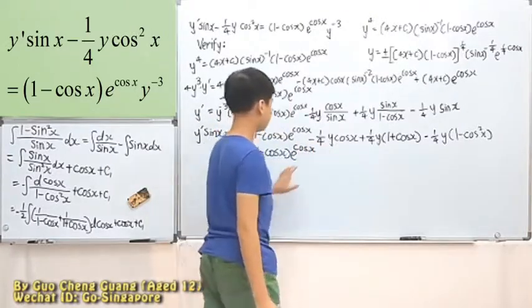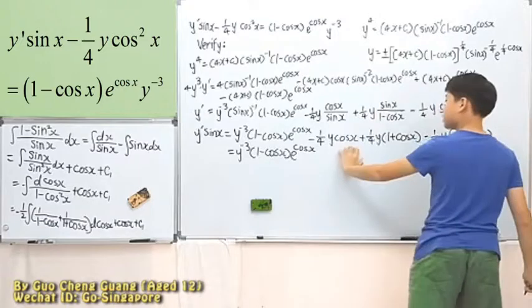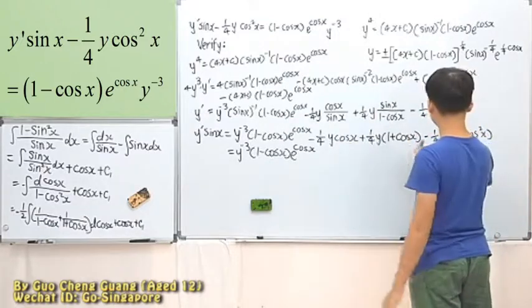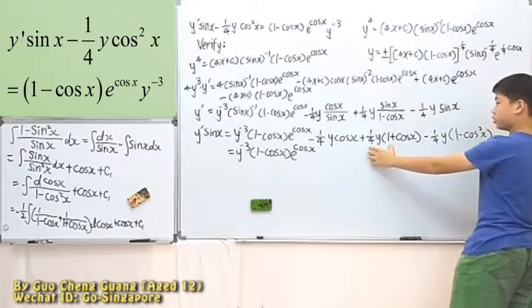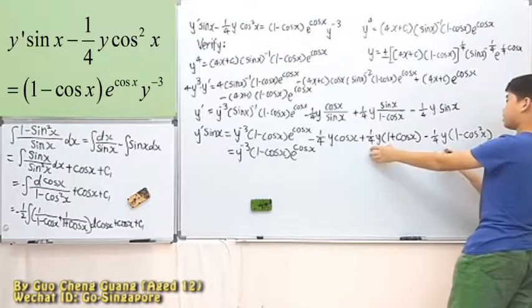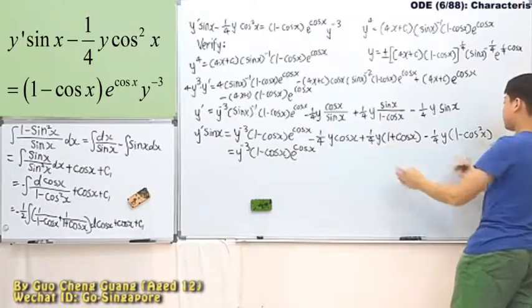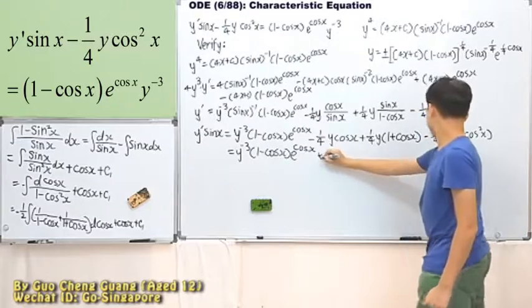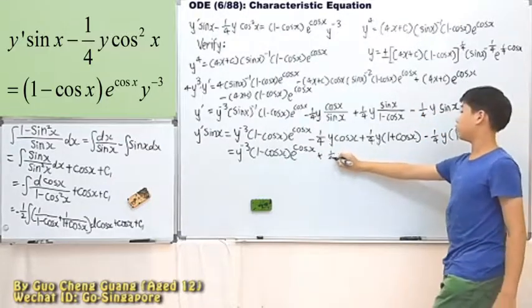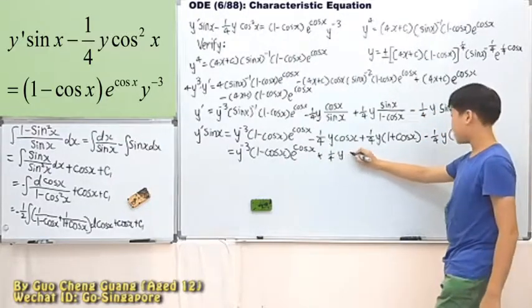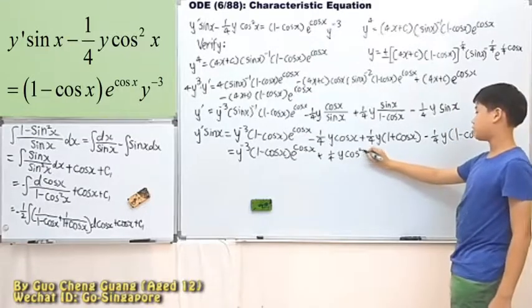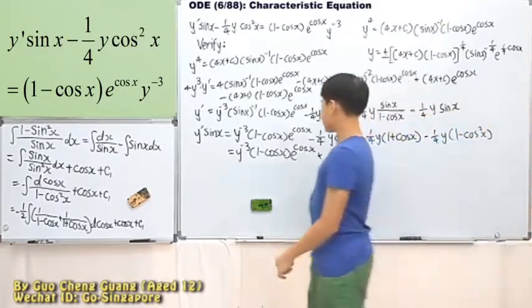Then after that, here, can you cancel with anything? Well, yes, you can cancel with this part. Then this part, 1 over 4y, we'll cancel with this 1 over 4y. Then left, this is plus 1 over 4y cosine squared x. Left is this part.